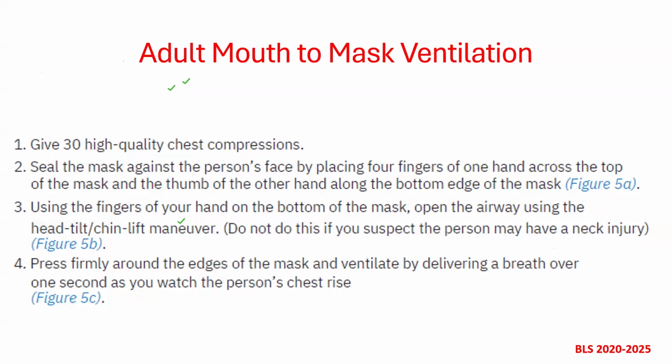Press firmly around the edges of the mask and ventilate by delivering a breath over 1 second as you watch the person's chest rise. Important thing, when you give the breath, use head tilt chin lift or jaw thrust, give the breath over 1 second and watch the person's chest rise.